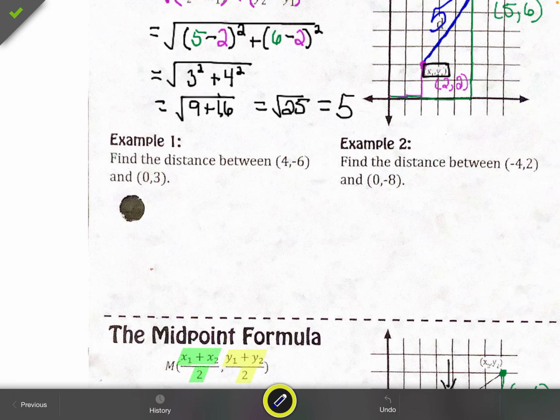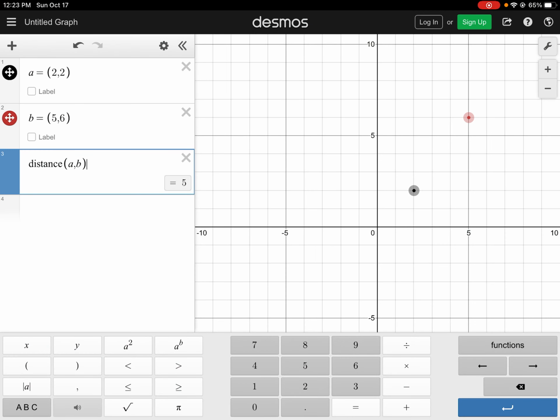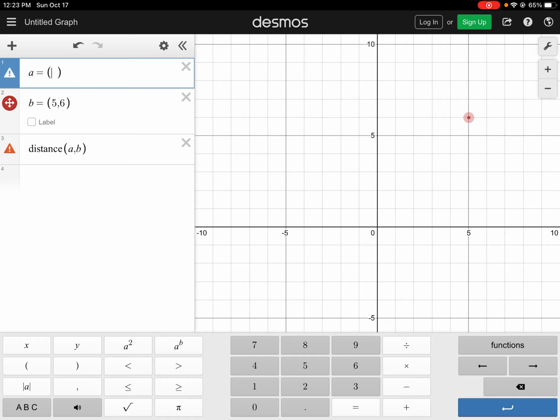All right, so let's do the next one. They call it example 1. So we got 4, negative 6, and 0, 3. So again, being smart about this, leaving the A equals and B equals.